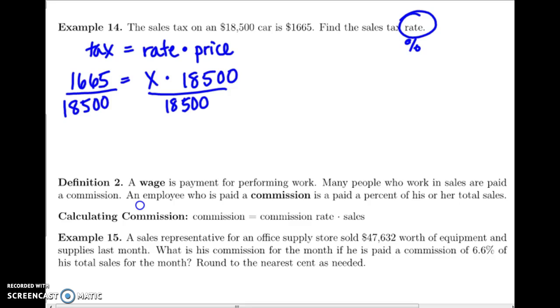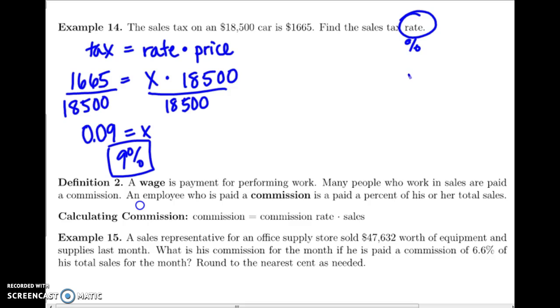Alright, so if we put 1,665 divided by 18,500, I'm getting 0.09, which is also known as 9%. So you could also, if you so chose, set this up as a proportion.